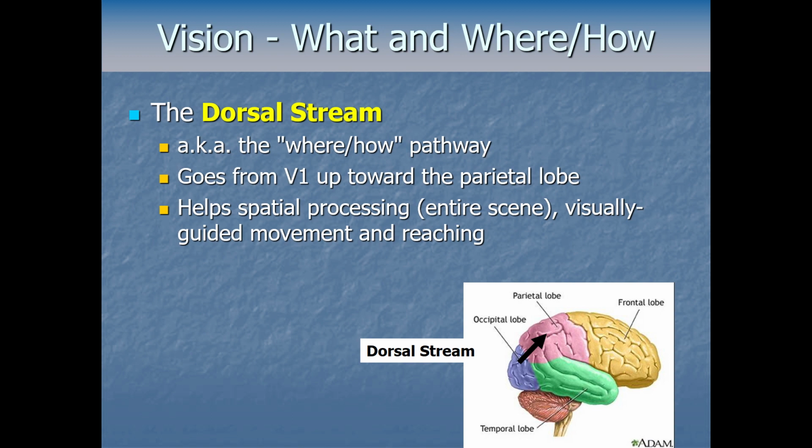But the reason we call it not just the where pathway, not just the spatial element, but the how pathway, is that this is also where we get the use of visual information to do things like reach out and grasp something, to reach out and grab a water bottle so I can bring it to my face, or a spoon so I can navigate it to my mouth to eat.